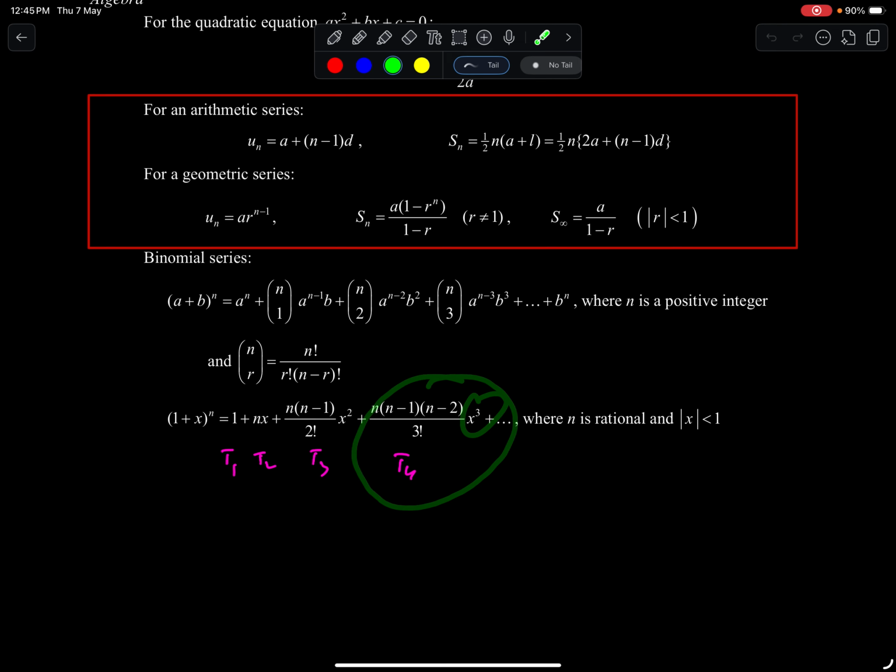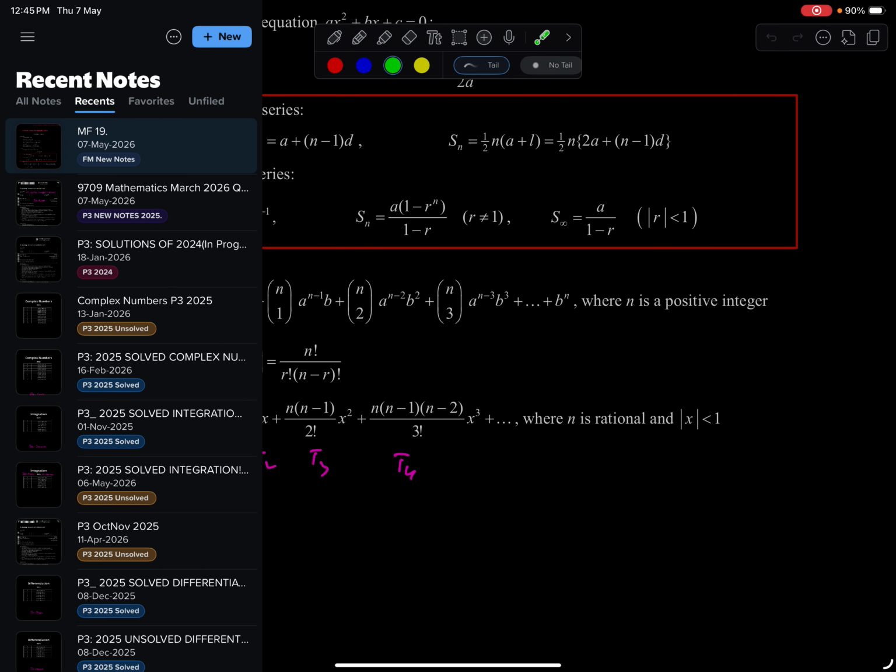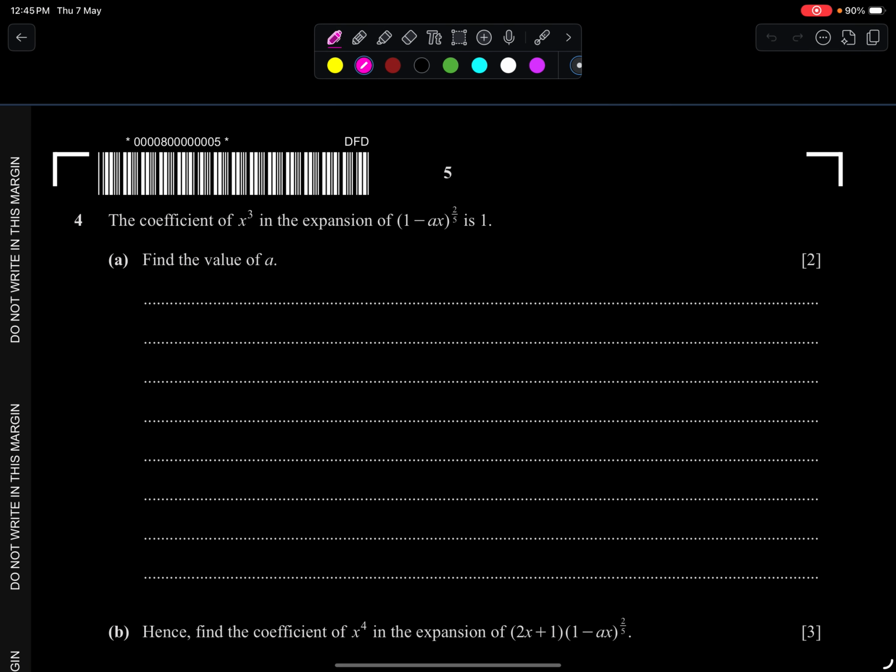See, x cube. So we need the fourth term. The coefficient of x cube in this expansion is 1. So I need the coefficient of x cube. Let me write the formula first. It's T4, n, n minus 1, n minus 2 divided by 3 factorial, and the second term to the power 3.